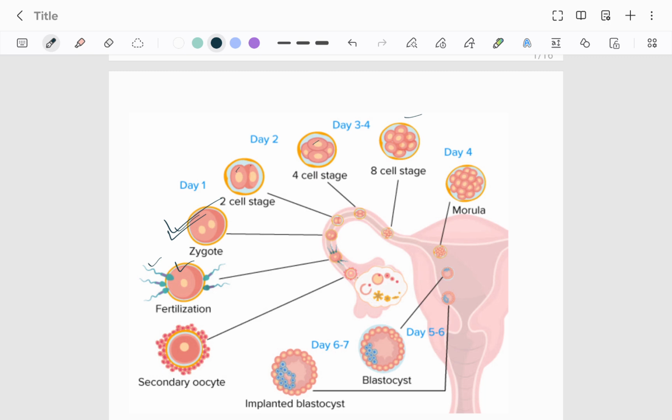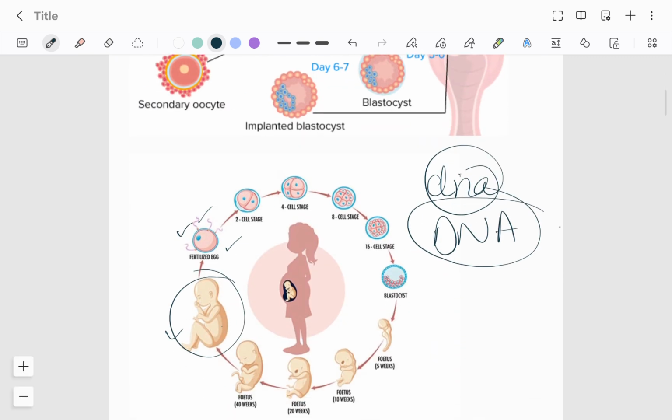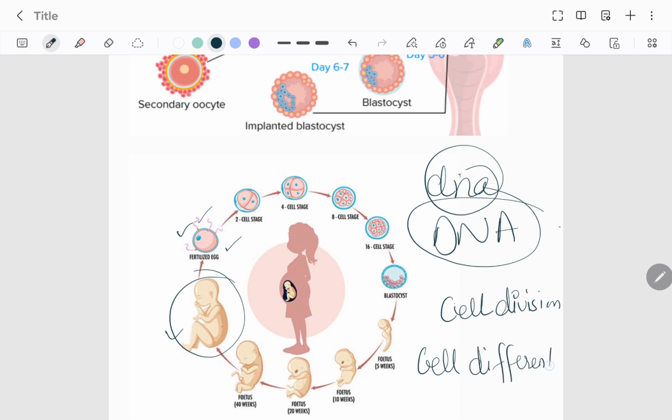One more thing, when you grow and develop, it's not just cell division, it is cell division plus differentiation. See, right now you have trillions of cells in your body, and the cells are totally different. A nerve cell is different from a cell inside your retina. Right now you will say, ma'am, we have nerve cells in the retina too.